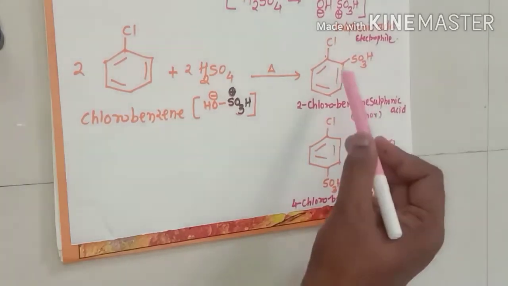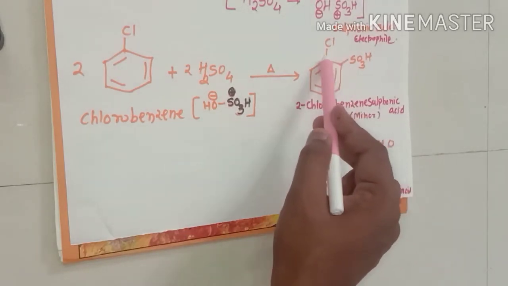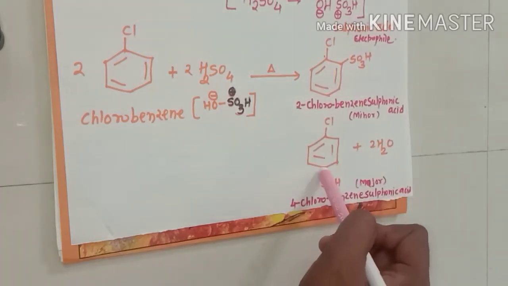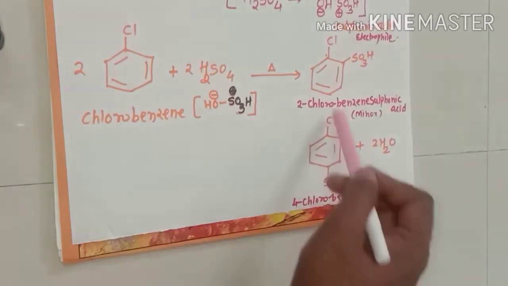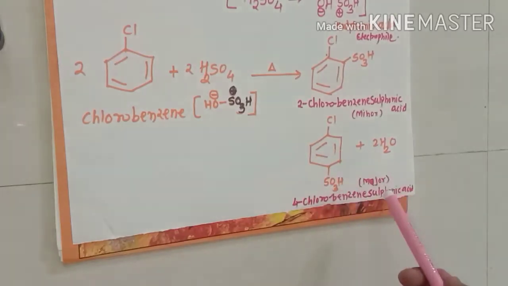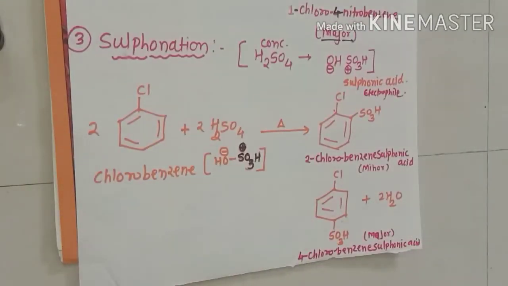The ortho is minor and the para is major. The reason we know: crowding takes place in the ortho product, hence it is unstable and obtained in minor amount. The para product is stable because there is much distance between the two bulky functional groups, hence it is obtained in major amount. Okay, next we have to discuss the next electrophilic substitution reaction.